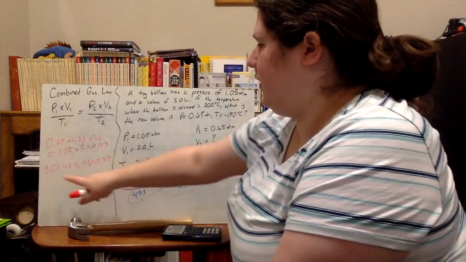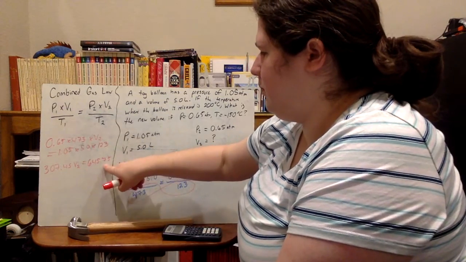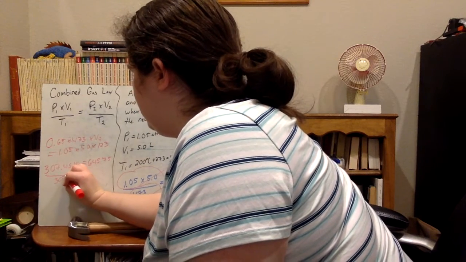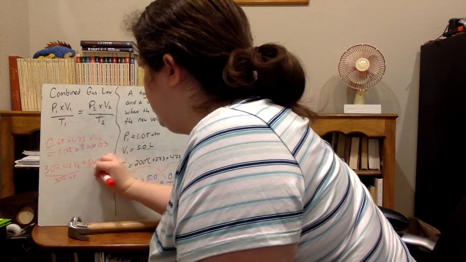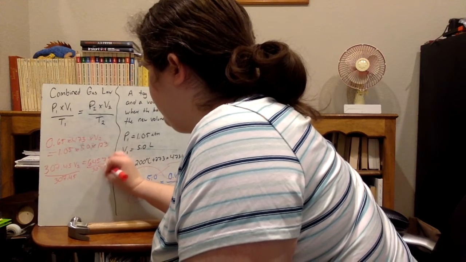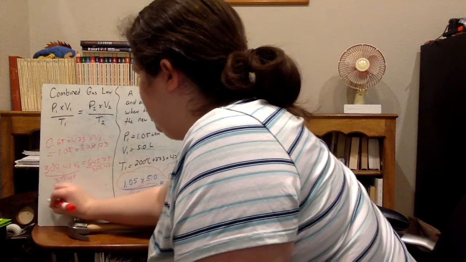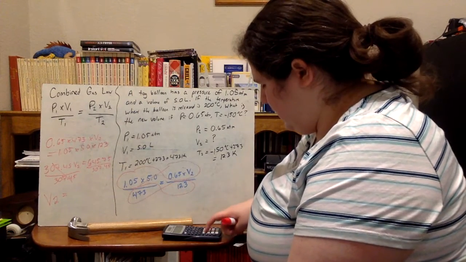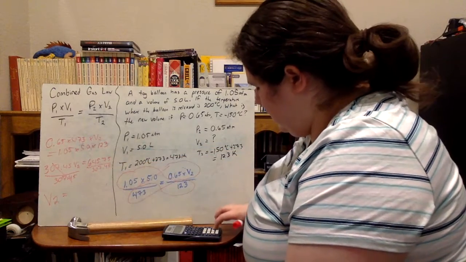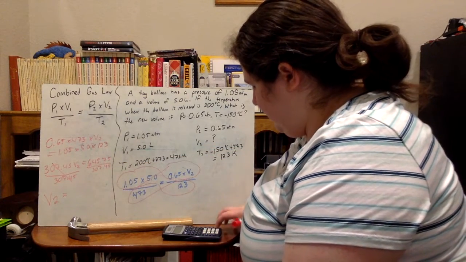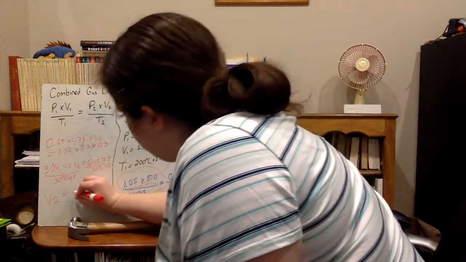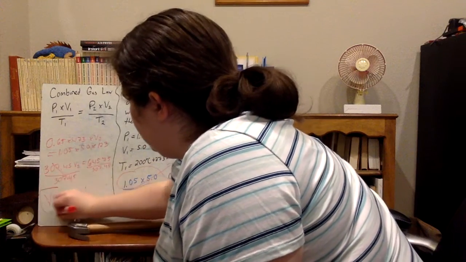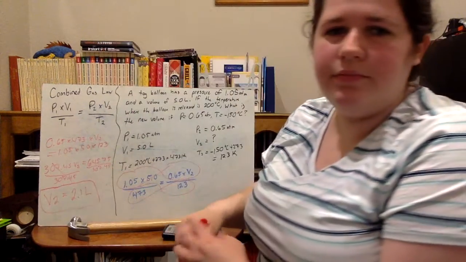From here, I have a number times my unknown equals a number. So I'm going to divide by 307.45 on both sides. So V2 is equal to 645.75 divided by 307.45, and you should get about 2.1 liters, because my unit for volume is going to be in liters.